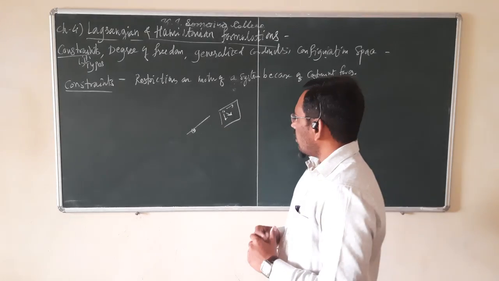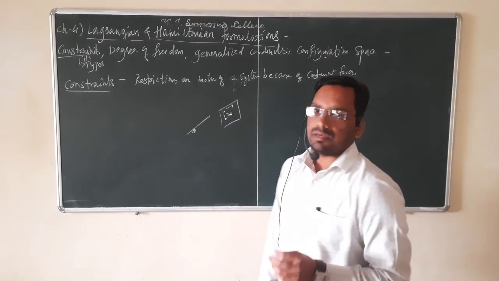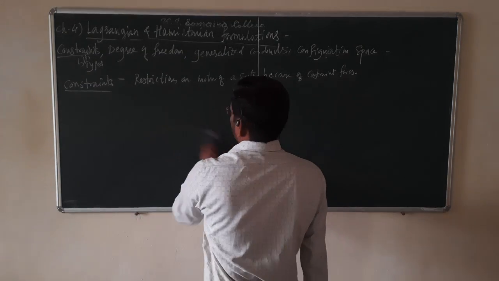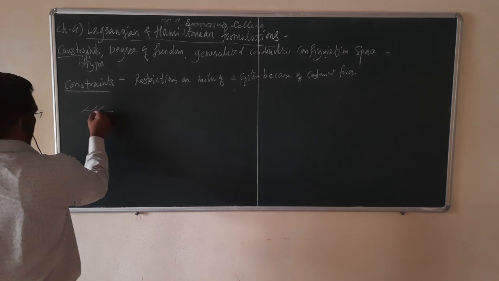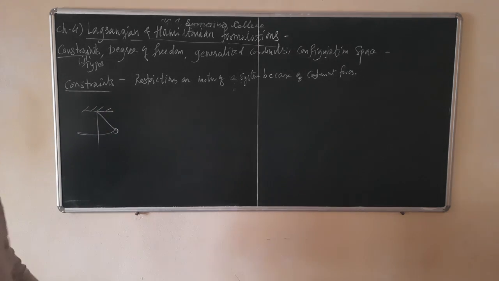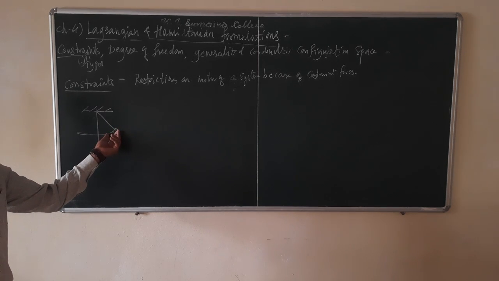Now you can take many examples and you can see what are the different types of constraints. Again, suppose you take a simple pendulum which is moving like this. What is the constraint on this motion of that simple pendulum?